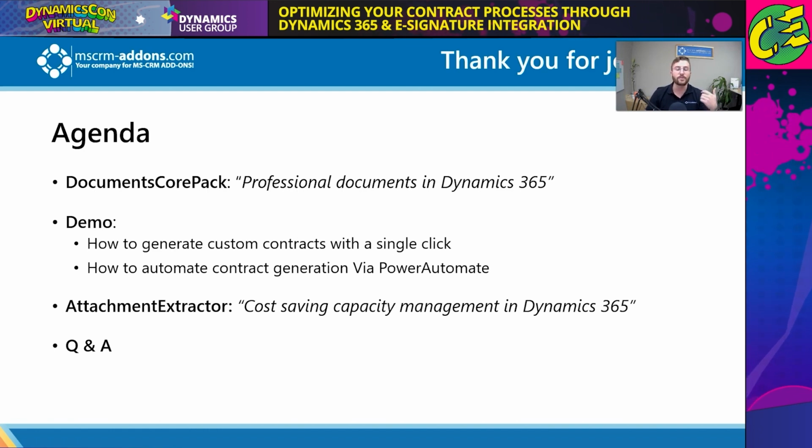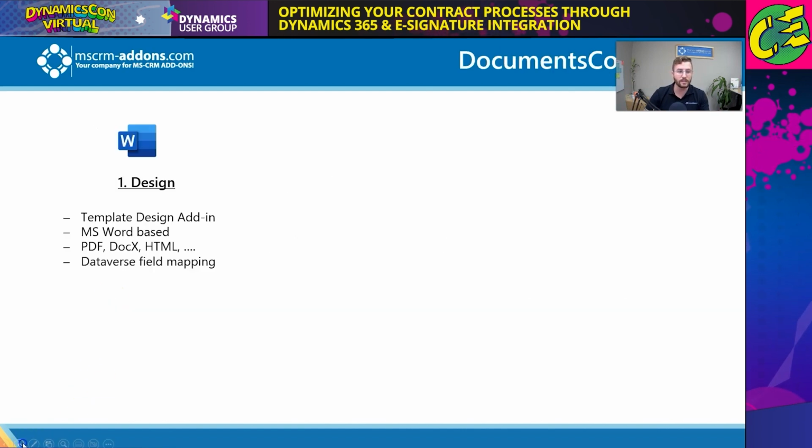From there, I'll show how you can automate that same process using our Power Automate actions. And then as mentioned, if time allows, I'll also get into kind of a high-level overview of Attachment Extractor and how it can really save you money on storage costs. Finally, if time allows, we will also have a 5-minute Q&A with myself as well as our US support manager, Clint Higley. But yeah, let's go ahead and get into DocumentsCorePack.